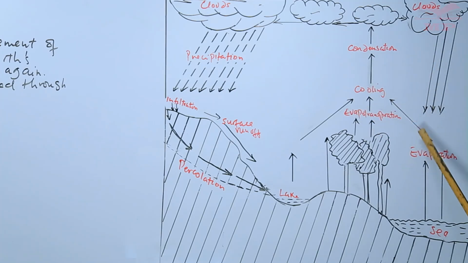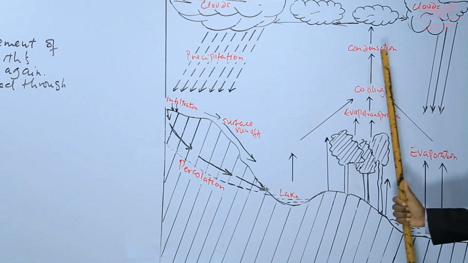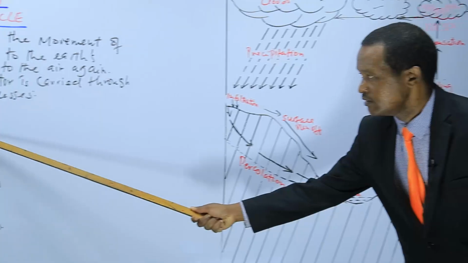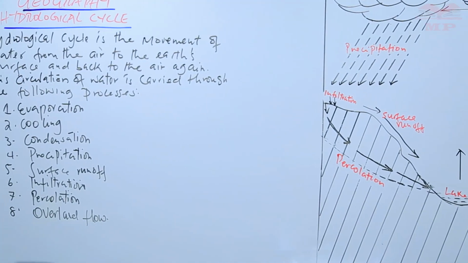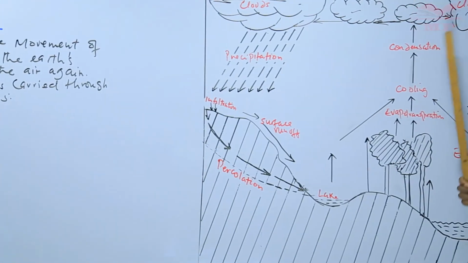So this is vapor. As it moves in the upper layers of the atmosphere, it cools. That's what we are calling cooling. This is the cooling process.